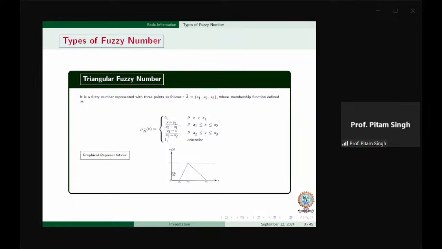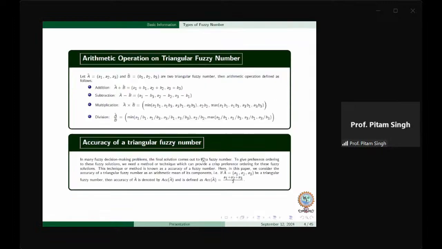For x less than a1, the value is 0 here, and so we can construct this membership function for this triangle. So that's why it is known as triangular fuzzy numbers. We are representing the data uncertainty in triangular type.